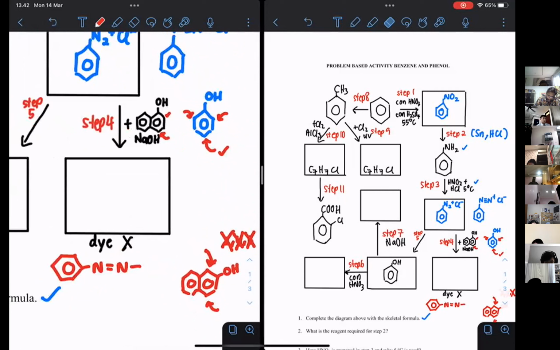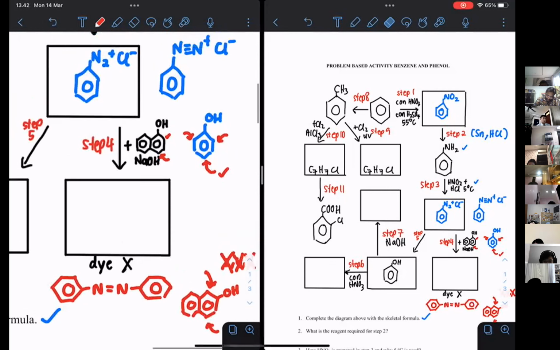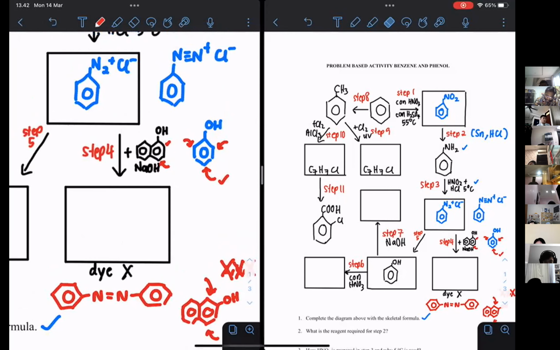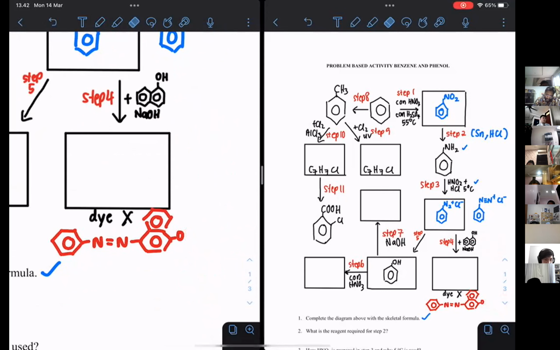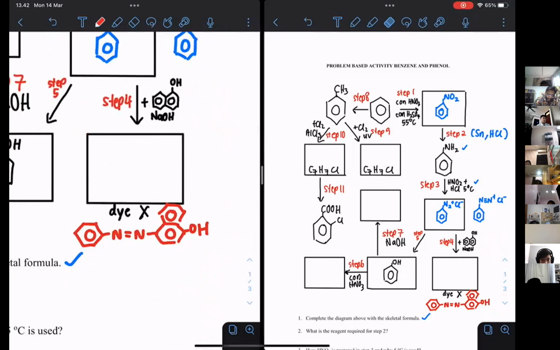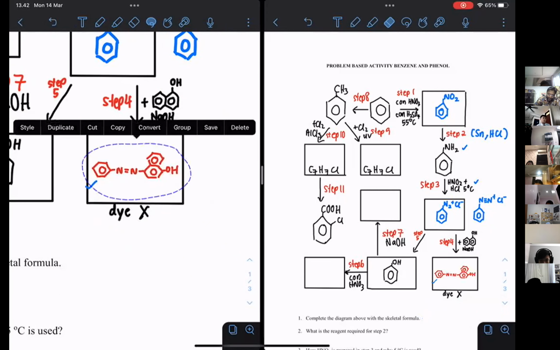So maybe I'll join over here, and if I join here at the side, there is the OH. So let me erase this part. This is what they want, and I think this is also quite good already to represent skeletal formula.